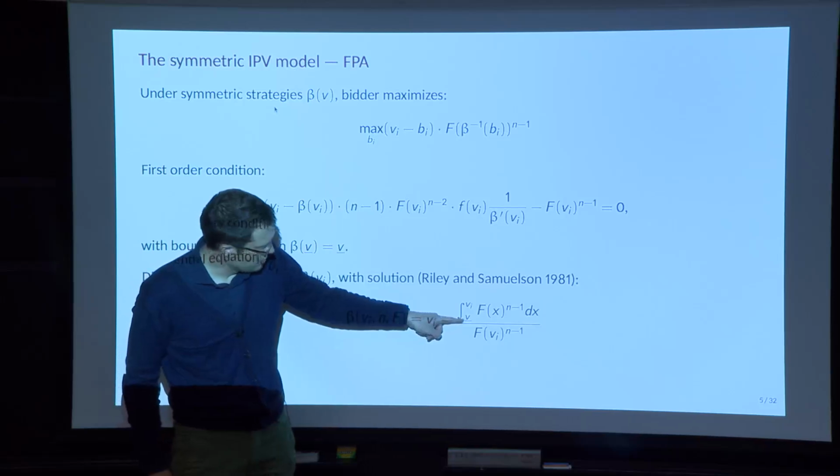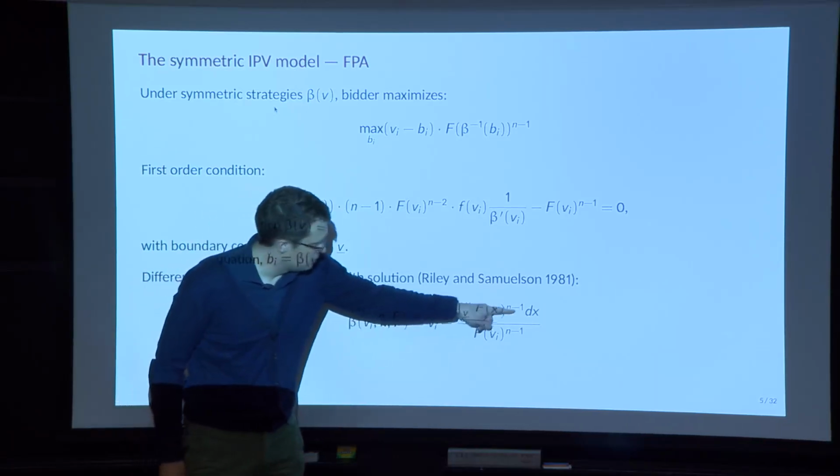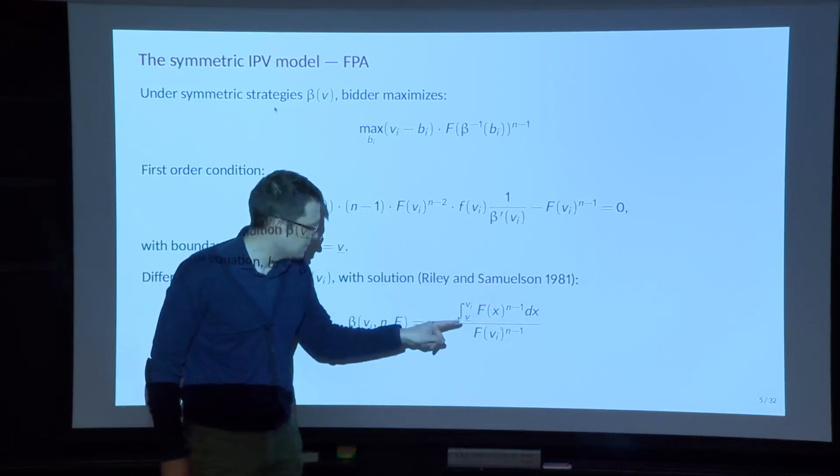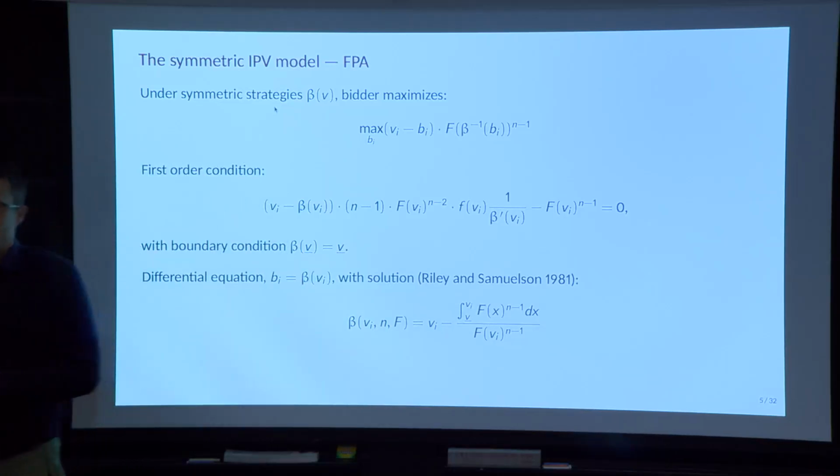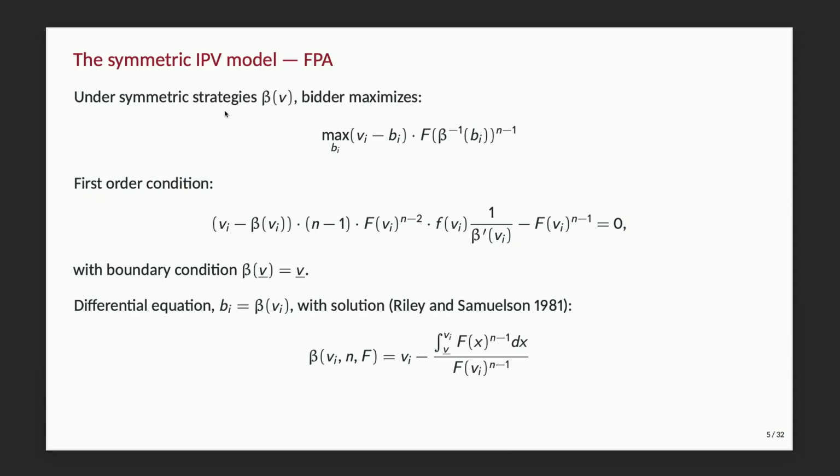The other thing, from an empirical point of view, if you stare at this expression here, this is an integral over a CDF. And for most common distribution functions, and especially if we do not impose any parametric restrictions, that does not have a closed form solution.